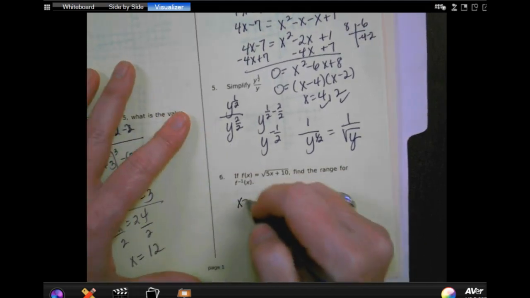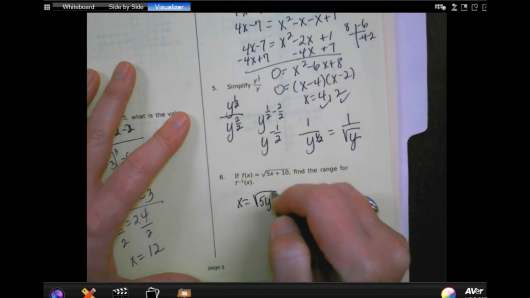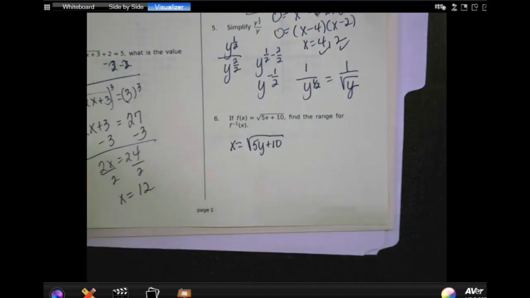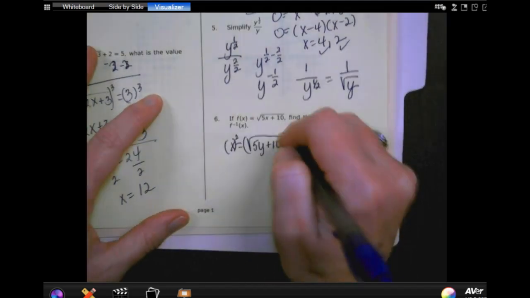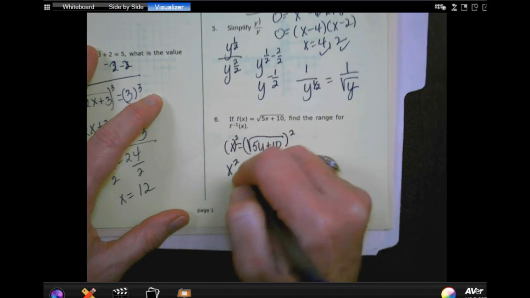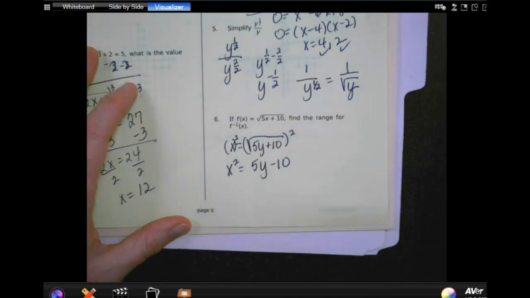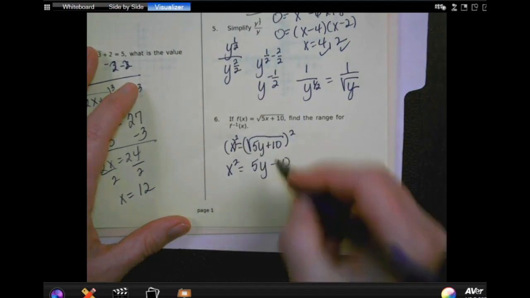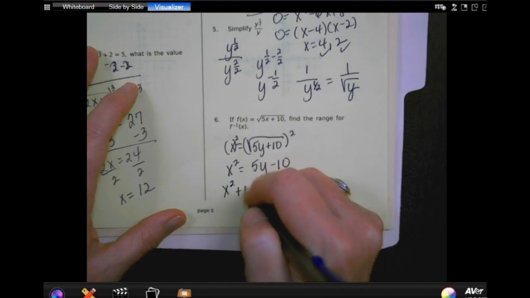So I have x equals, so how do I get rid of the square root? So I'm going to square both sides. And then what? So it's a minus 10, so I'm going to add 10 to the other side.